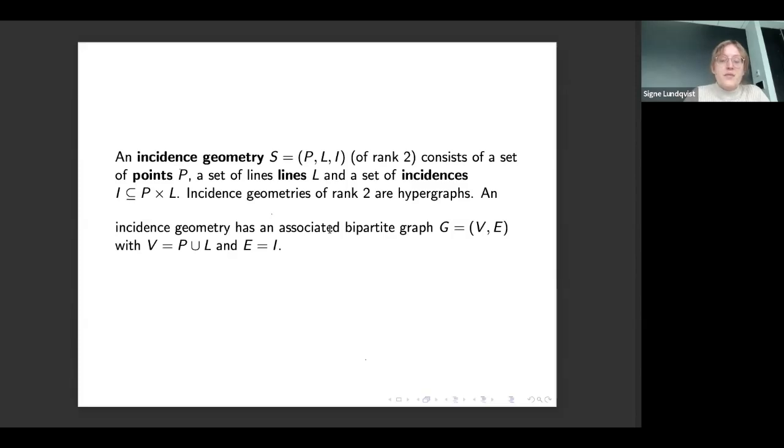And they're in fact perhaps more well known as hypergraphs. Or alternatively, you can think of them by their associated bipartite graph, which has vertex set P union L, so it has a vertex for each point and each line, and the edge set is given by the incidences.